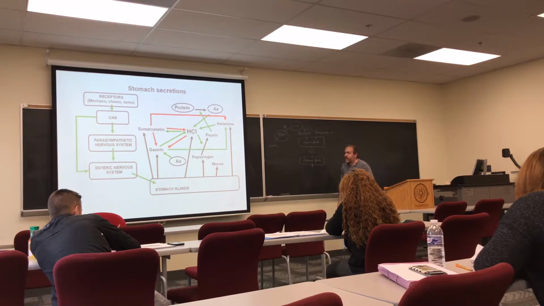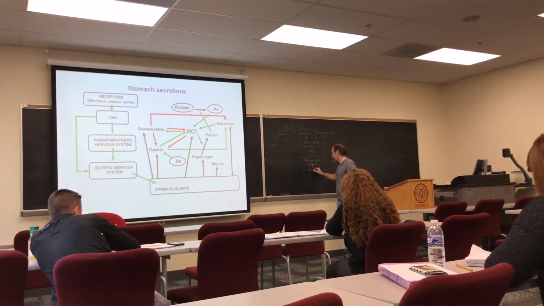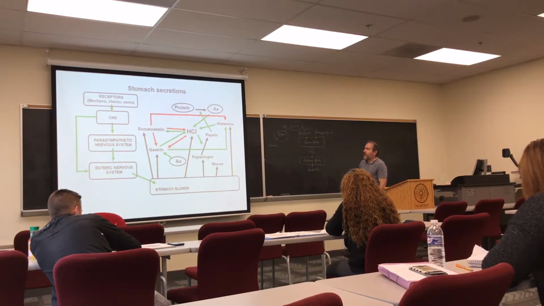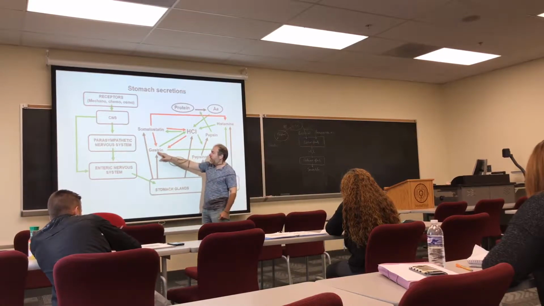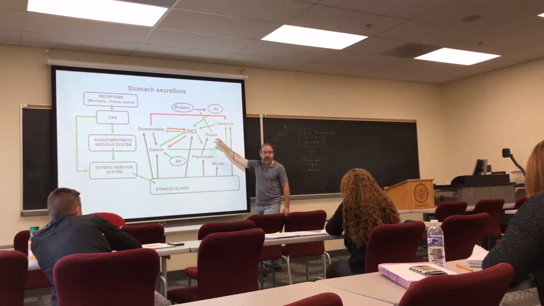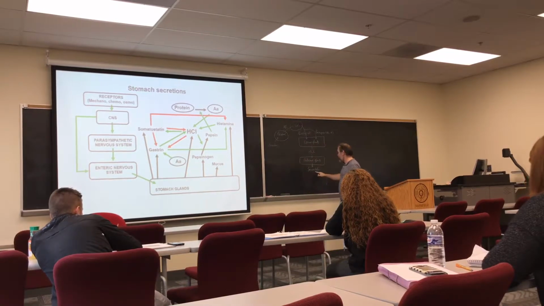To secrete somatostatin, let's say. Somatostatin, you can see, inhibits the secretion of gastrin and the secretion of histamine, right? So somatostatin is going to affect two effectors. Those two, gastrin and histamine, are hormones as well.